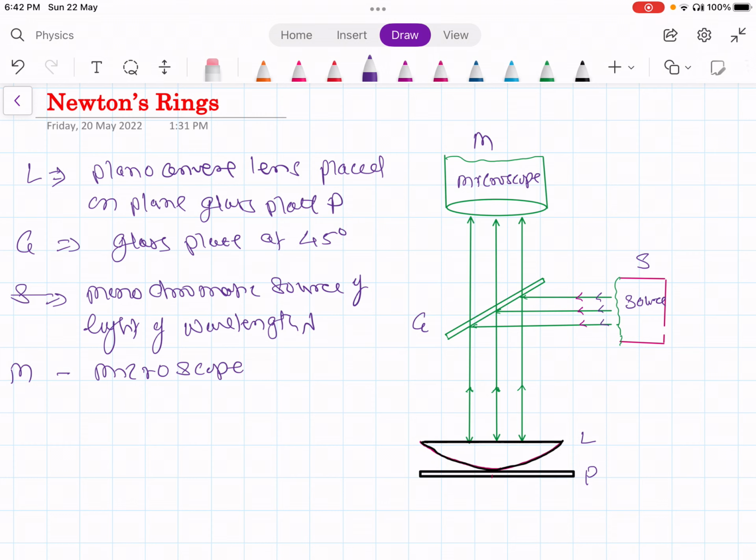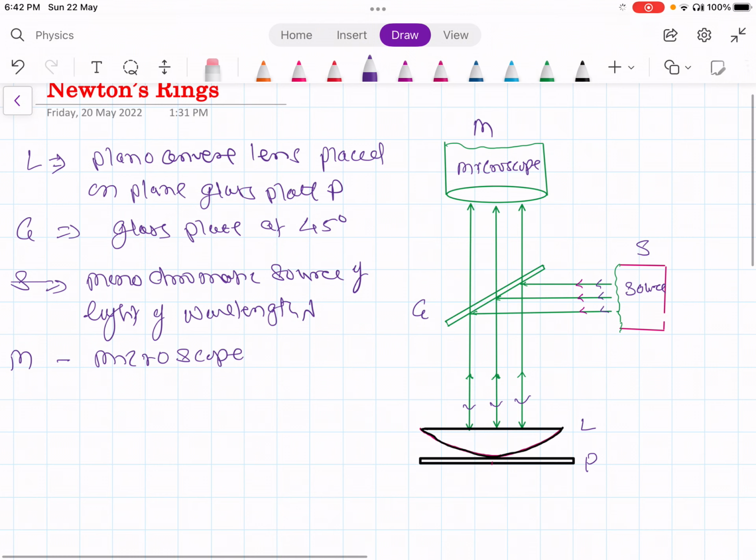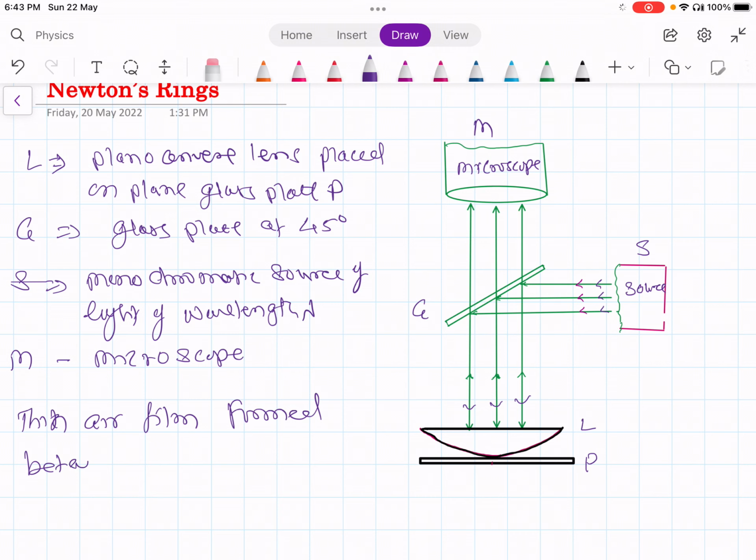Partially reflected light falls on this film. As you can see in this case, there is a thin air film formed between lens L and plate P.